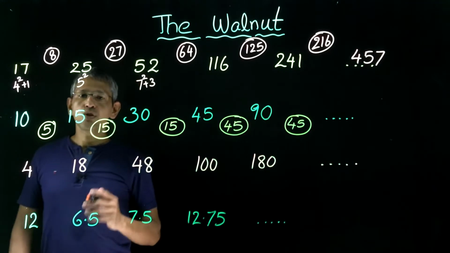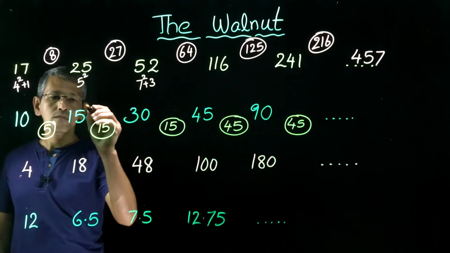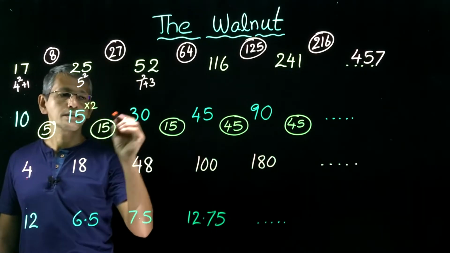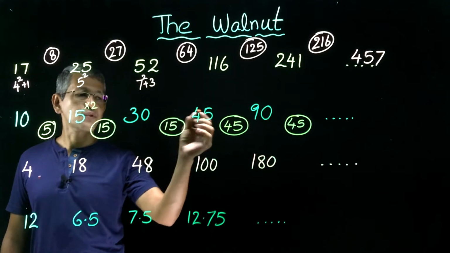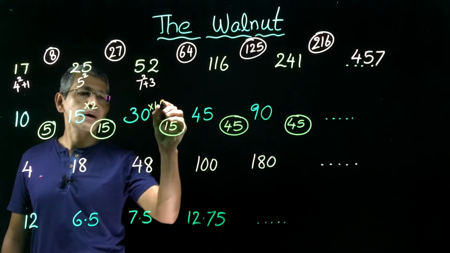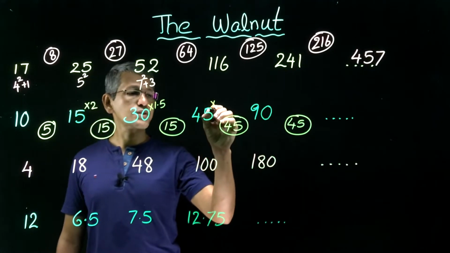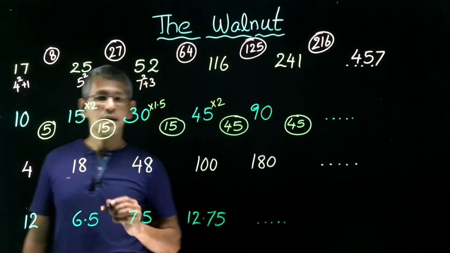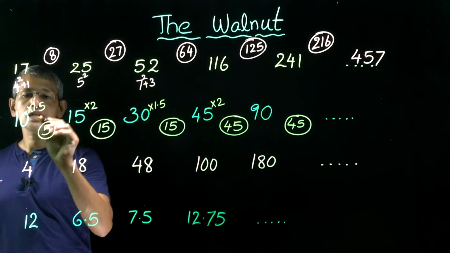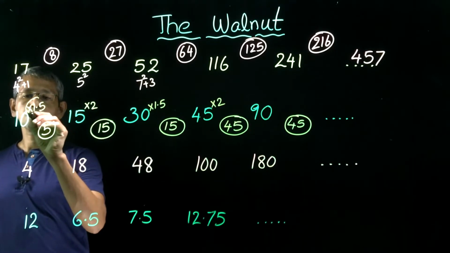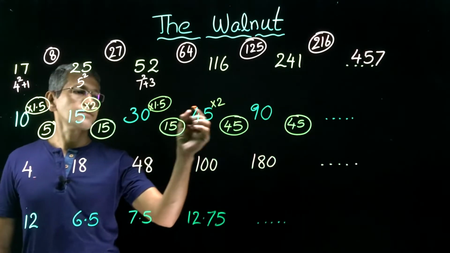Or you may think about another pattern here. I'll show you. 15 into 2 is 30, right? And 30 into 1.5 is 45. That 45 into 2 is 90. And here 10 into 1.5 is 15. So ultimately, the multiplication is 1.5, 2, 1.5, 2.